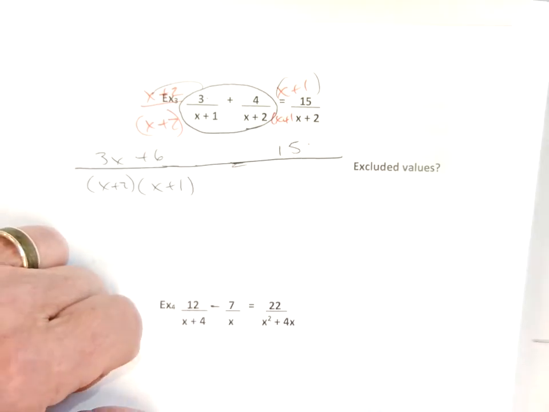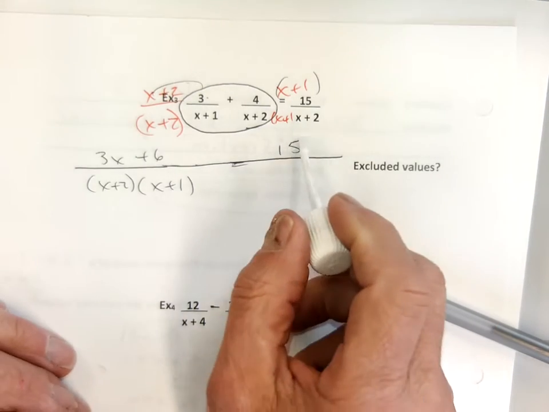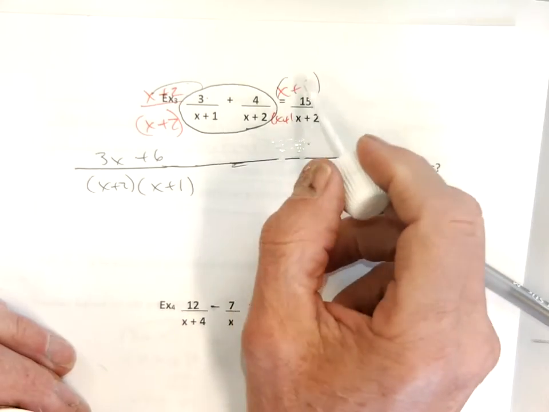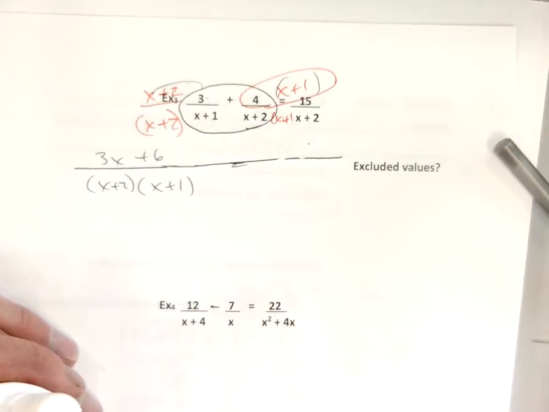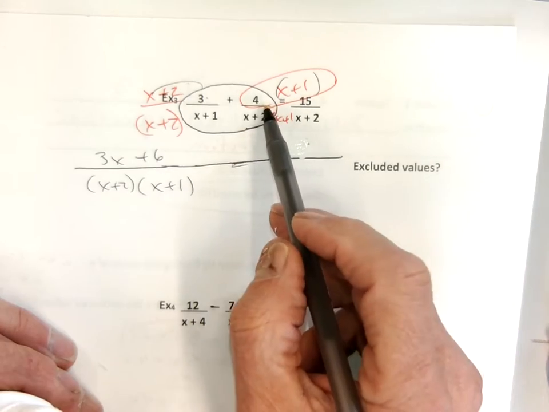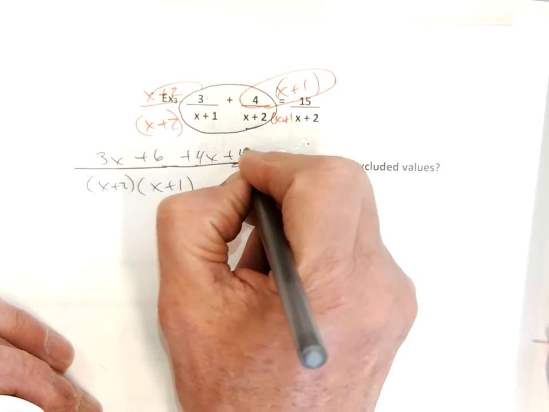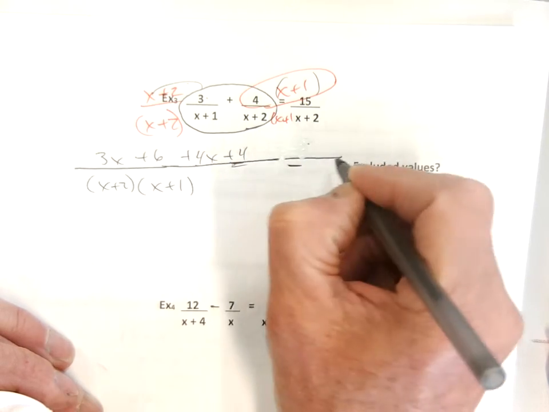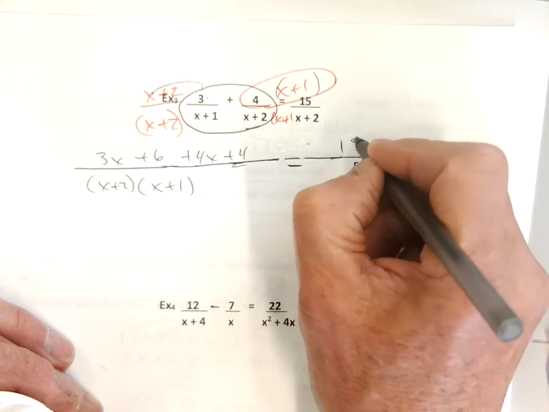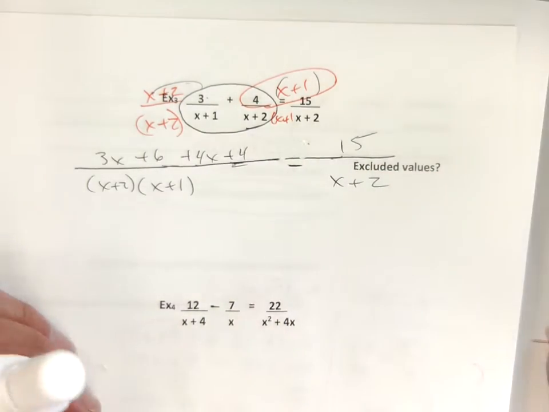That's okay, it's easy to fix, that's what whiteout's for. It's because I wrote this all over here. This goes right there, right? Plus a 4x plus 4, and now that equals my 15 over my x plus 2.